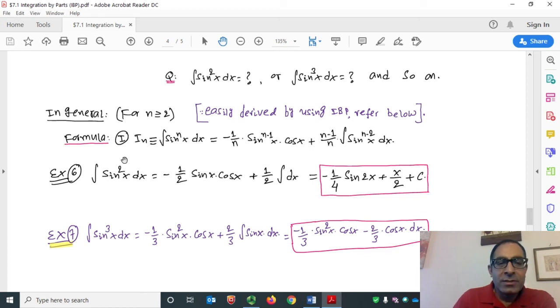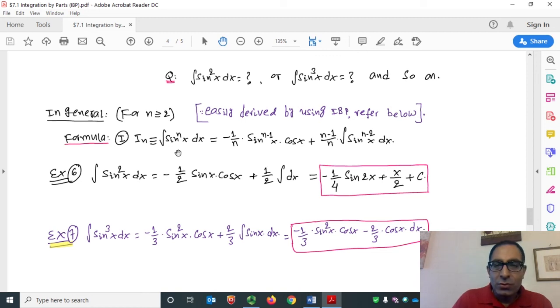So the formula is the integration of sine to the power n is equal to -1 over n times sine to the power n minus 1 x times cosine x plus n minus 1 over n times the integral of sine to the power n minus 2 x dx.